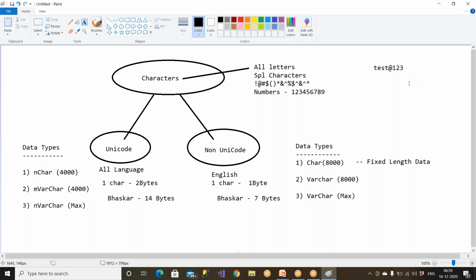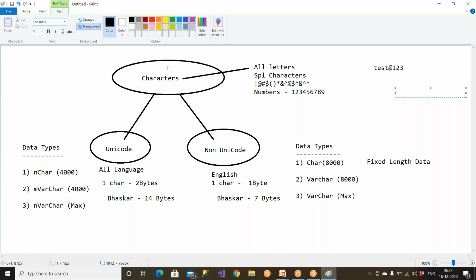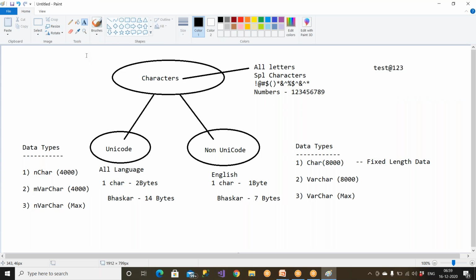According to the IT industry, integer means something else; I will discuss it later. So characters support all letters of all languages, special characters, and numbers as well. Clear?